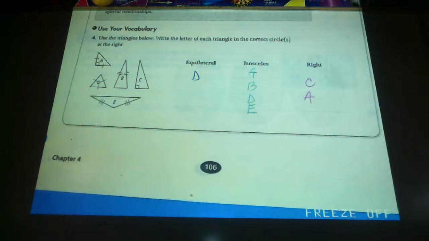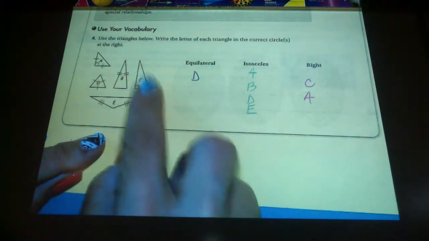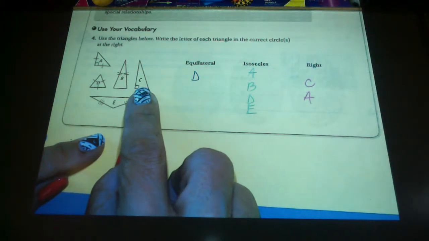Do you agree or disagree? Anybody disagree? I might have missed something. You put C in which one? Isosceles. I have no information on the side lengths for C.